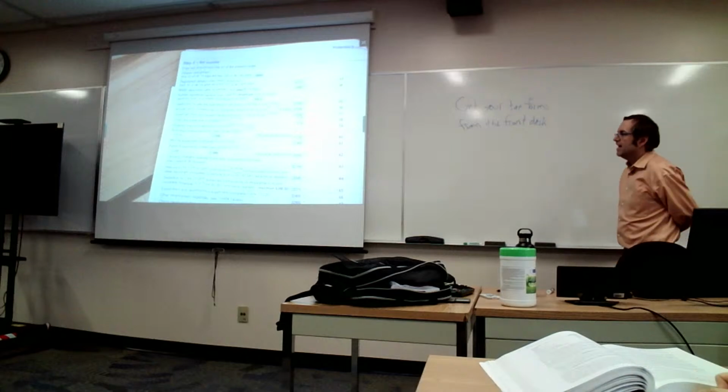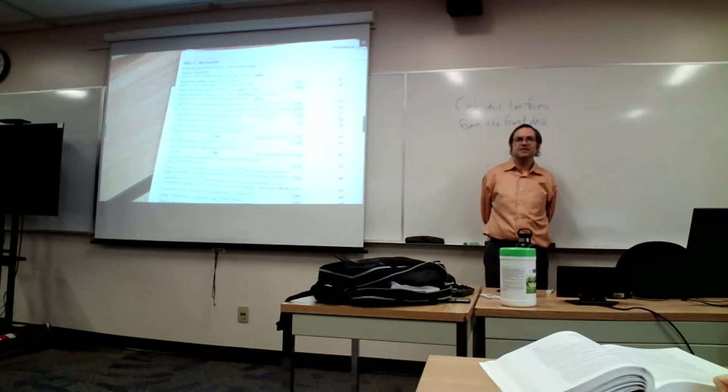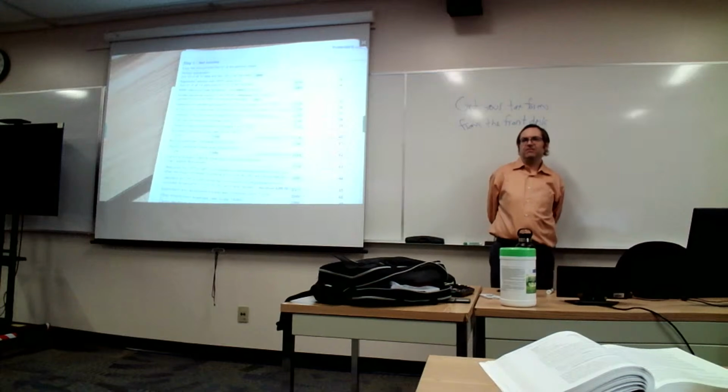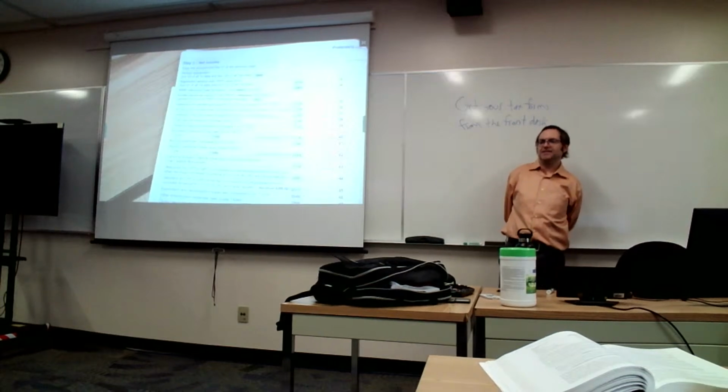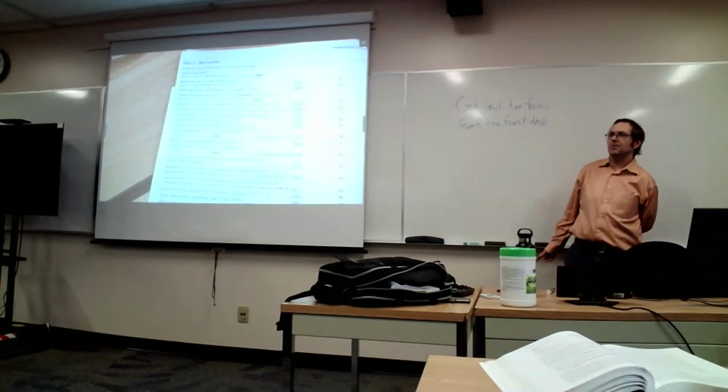Relatively speaking, we don't have that many deductions, but we have a whole bunch of tax credits. Some I've never seen before in my life, like the volunteer firefighter tax credit. Tax credits that you'll see all the time would be like your basic personal amount, which we'll talk about next class.